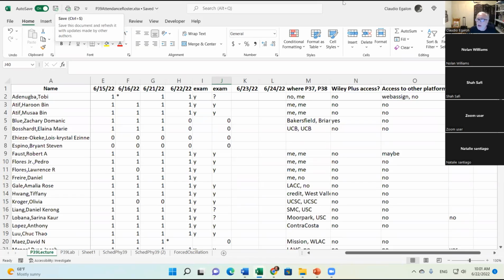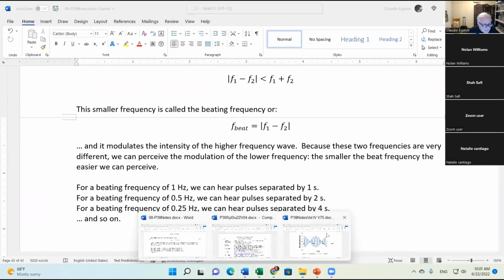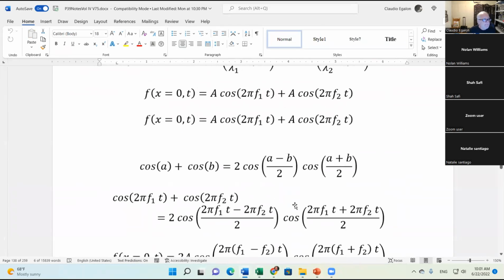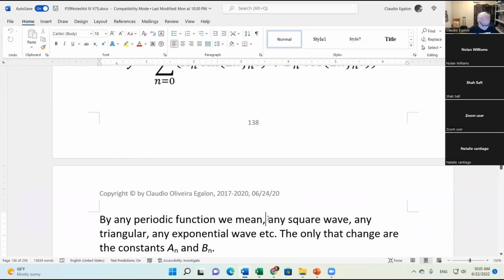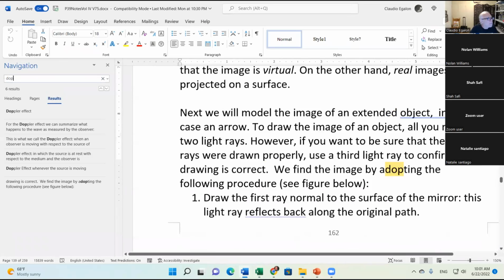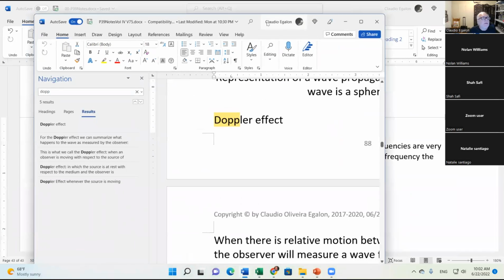Okay, what we're going to do now is the Doppler effect.